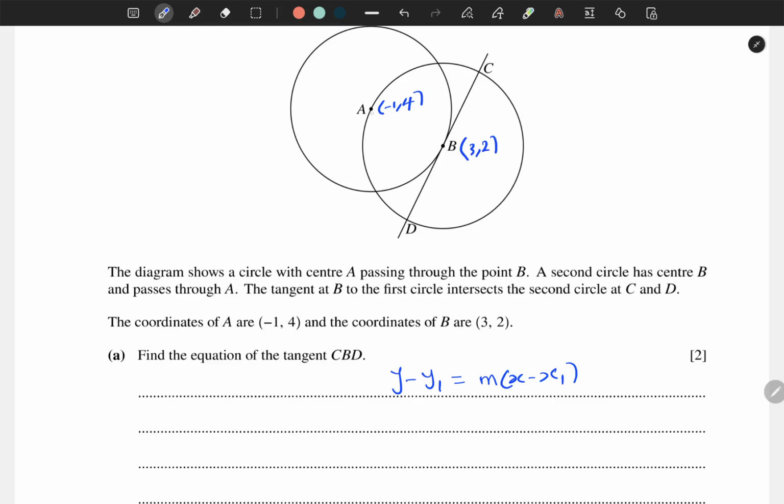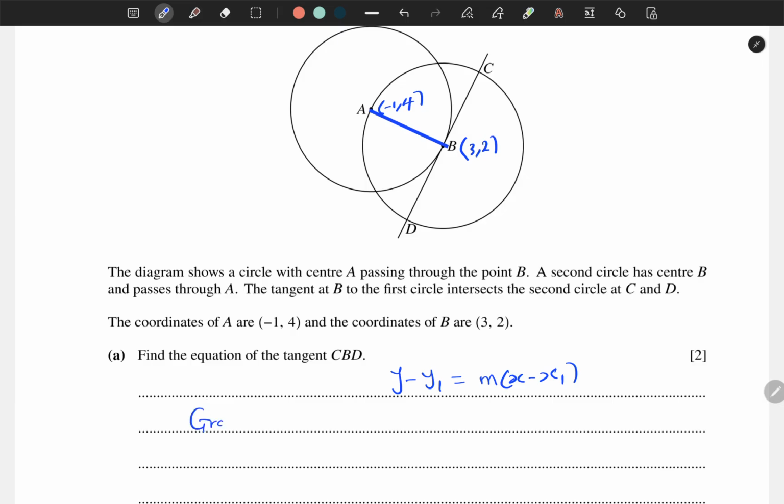Once we can find the slope of line AB, we can easily get the slope of line CBD, because these two lines are perpendicular, since the tangent is perpendicular to the radius of a circle. So now let's find the slope of line AB. That's the first thing to do.